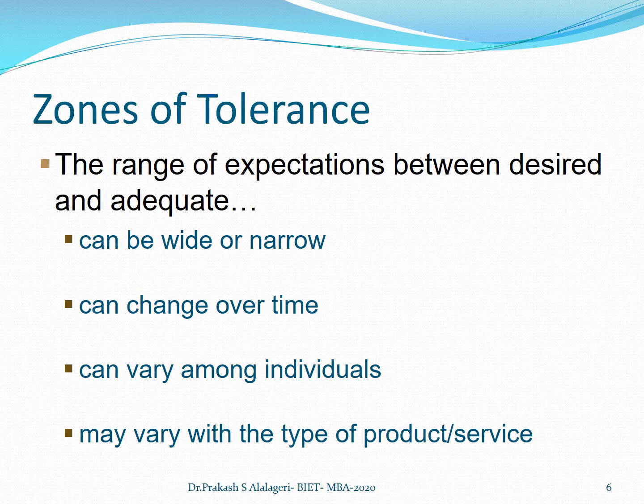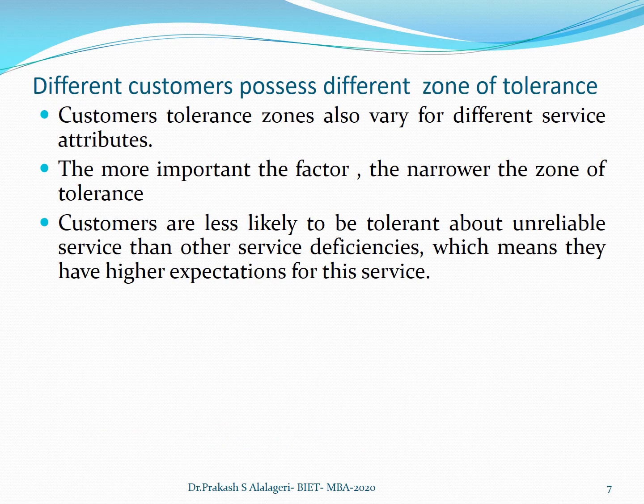Suppose that happens within 5 minutes, you will be delighted. If it goes beyond 10 minutes, say 15 or 20 minutes, maybe you'll be so frustrated waiting in the queue. That is coming below the adequate level of service, so it is below the zone of tolerance, and you are really frustrated.